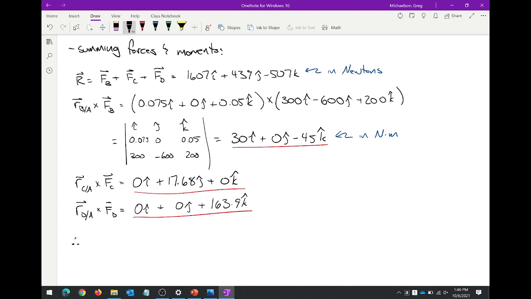And so all you have to do is add up this, that, and therefore your resultant moment is the sum of R cross F. And so we've got our resultant vector from before. Bless you. 1607i plus 439j minus 507k.